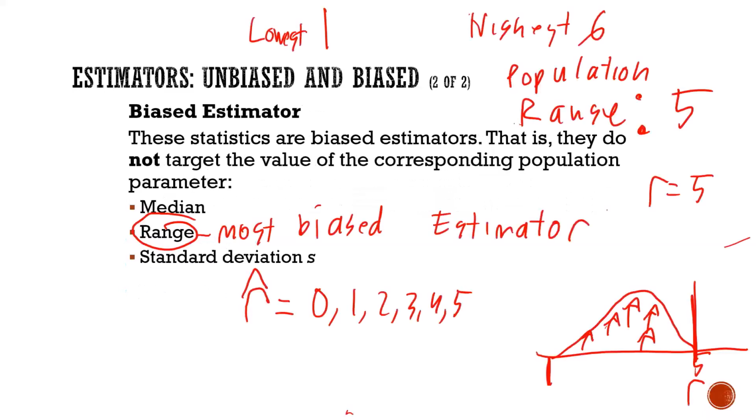If I know the shortest person in this classroom is a foot shorter than the tallest person, the range is 1 foot. That is not a good estimator of the range of all human height. In fact, we know the population range has to be greater than or equal to the sample range.